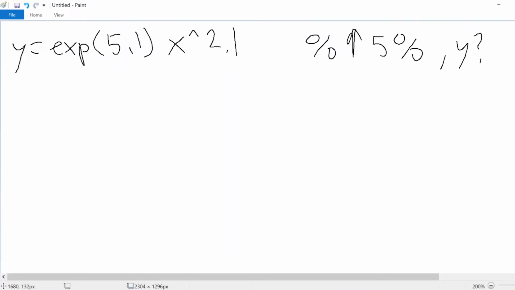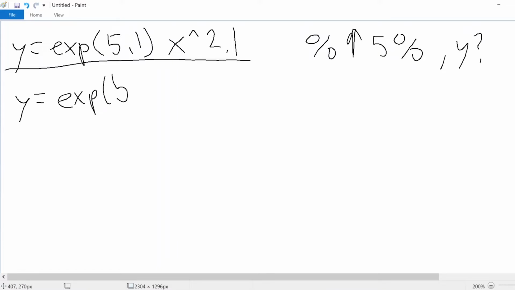Well, what we do, just like always, is we'll make a little page break here, and then we'll say y equals e to the 5.1, and then instead of having just x to the 2.1, we'll put in parentheses 1.05 times x, to the 2.1.